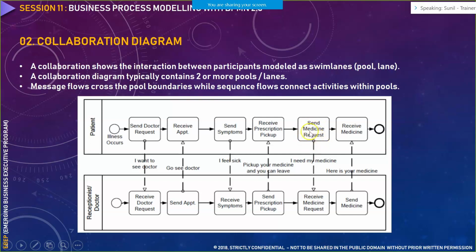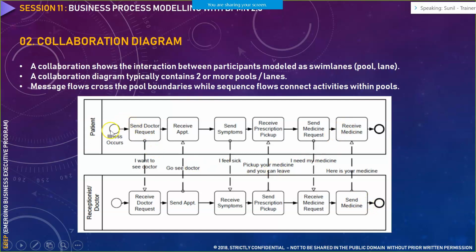After the request has been sent, the doctor receives the medicine request and he instructs the pharmacy to send medicines to that particular patient. Now that particular patient receives the medicine and the process ends there. The process ends after the doctor has sent medicine to the patient.